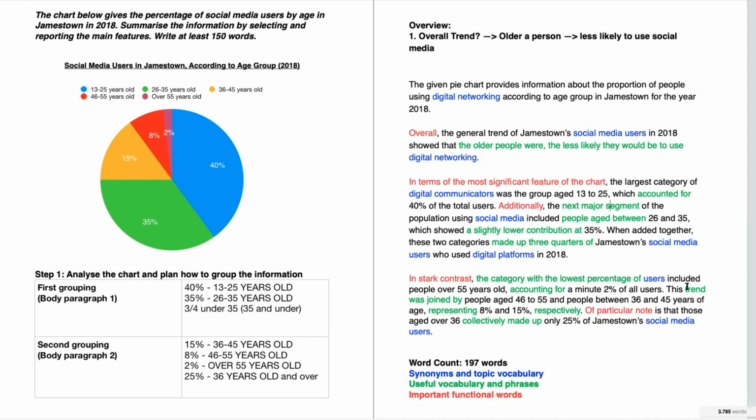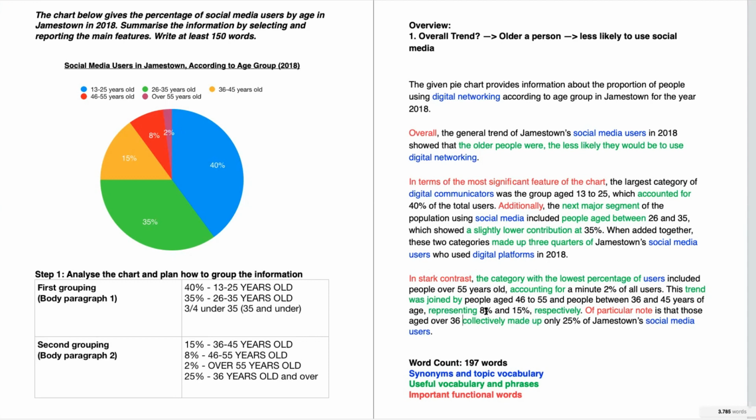Then we said trend. So I used trend because it is a clear trend of older people who use digital media less. So I've said this trend was joined by, and then I had some percentages. Representing is another great way to talk about percentages. And this word respectively, I can't say it enough. It's a great way to join information together without being too repetitive or without using too many words.